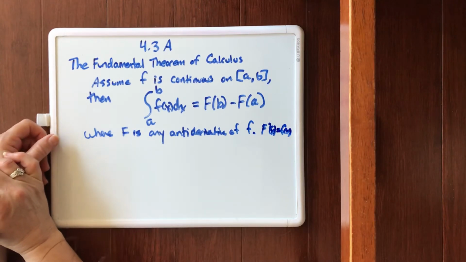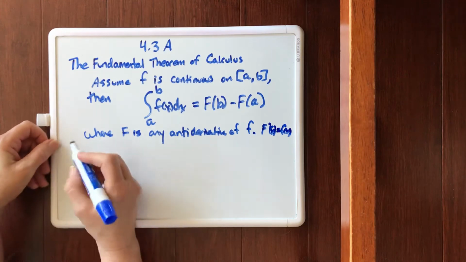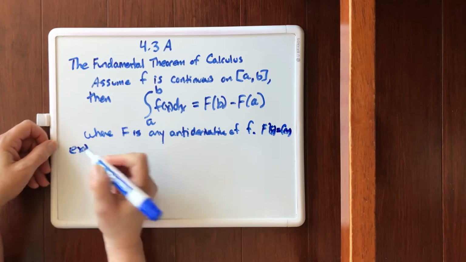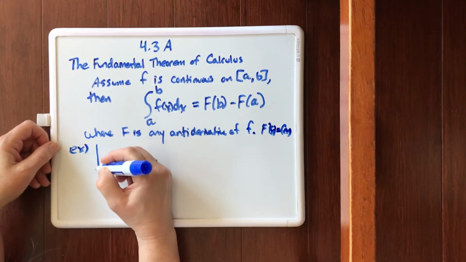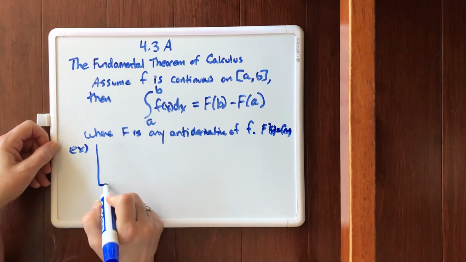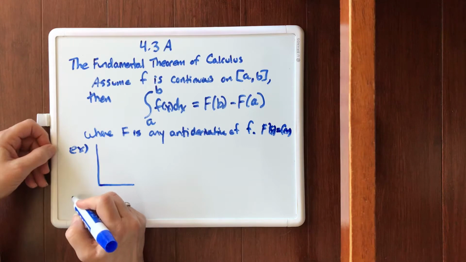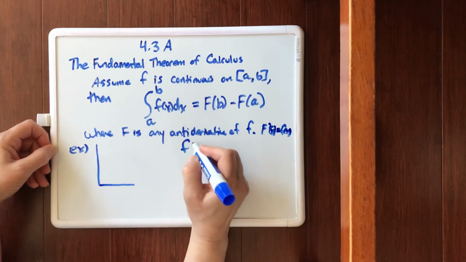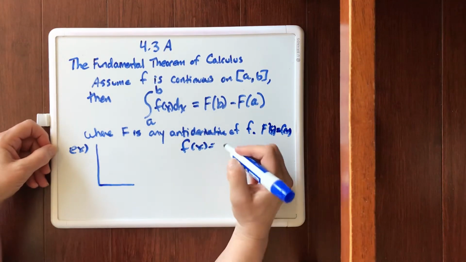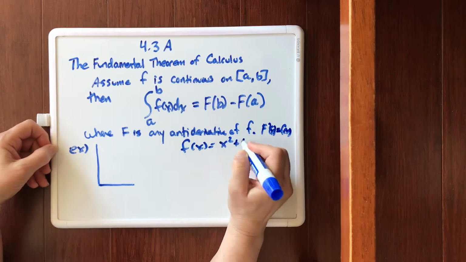All right, so let's do an example. We've been working with this function, and I promised you I'd show you how it would work. The function is f of x equals x squared plus 1.